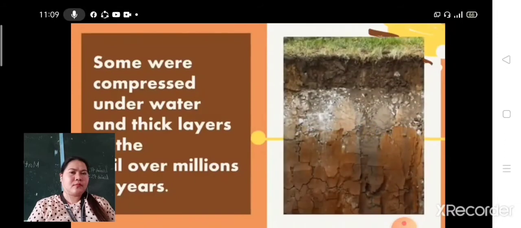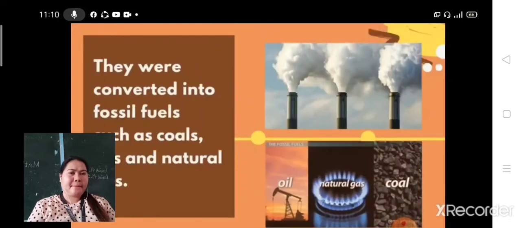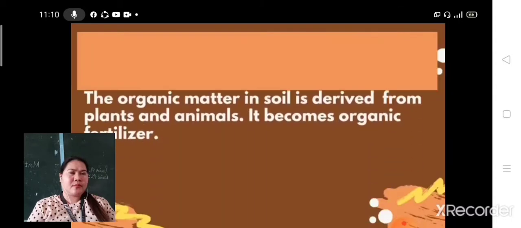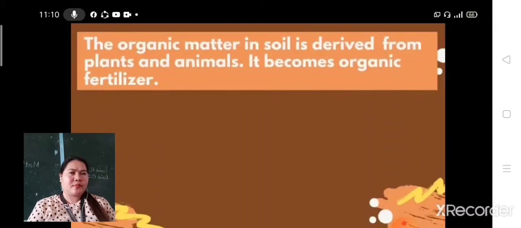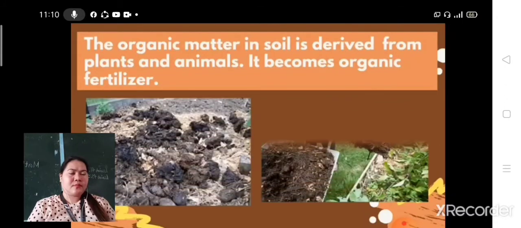Some were compressed under water and thick layers of the soil over millions of years. They were converted into fossil fuels such as coals, oils, and natural gas. The organic matter in soil is derived from plants and animals. It becomes organic fertilizer.